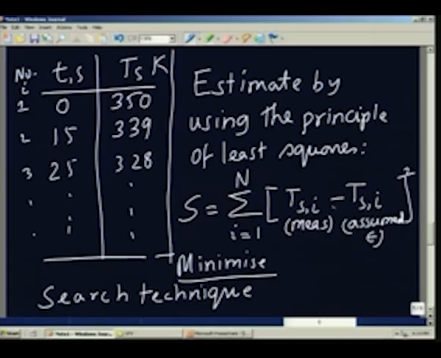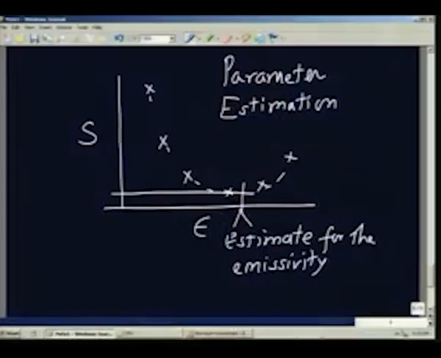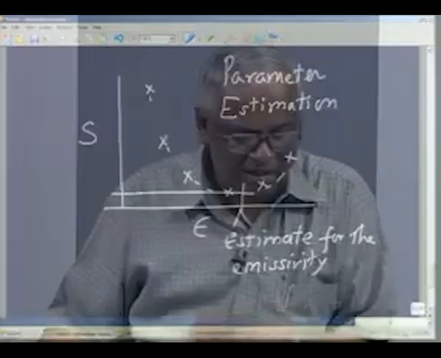We are using the least squares principle because there is no other better way of doing it, okay? Because epsilon is truly unknown, and the only way we can do that is to use a method like this, which is parameter estimation. This is just like fitting a curve, because we are trying to fit a curve such that the value of S comes to this particular position, the minimum possible. Of course, if you change the epsilon further, it will go up. In many applications of this method for determination of emissivity, we can get 0.01 accuracy.